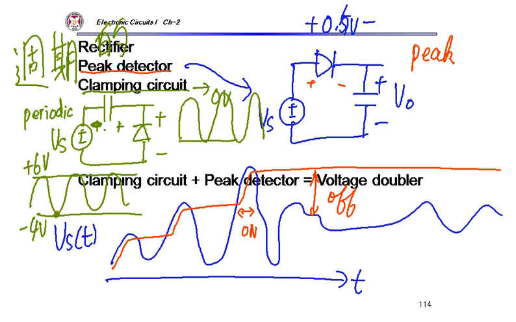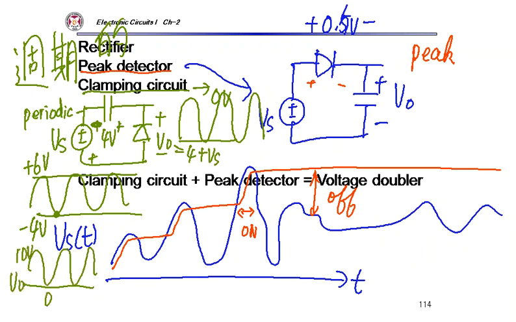So this capacitor will be charged to minus 4 volt there. The diode turns on and the capacitor voltage finally reaches minus 4 volt. And then my VO will be 4 plus Vs, right? So my VO will be something like that, 0 to 10. This is my VO.